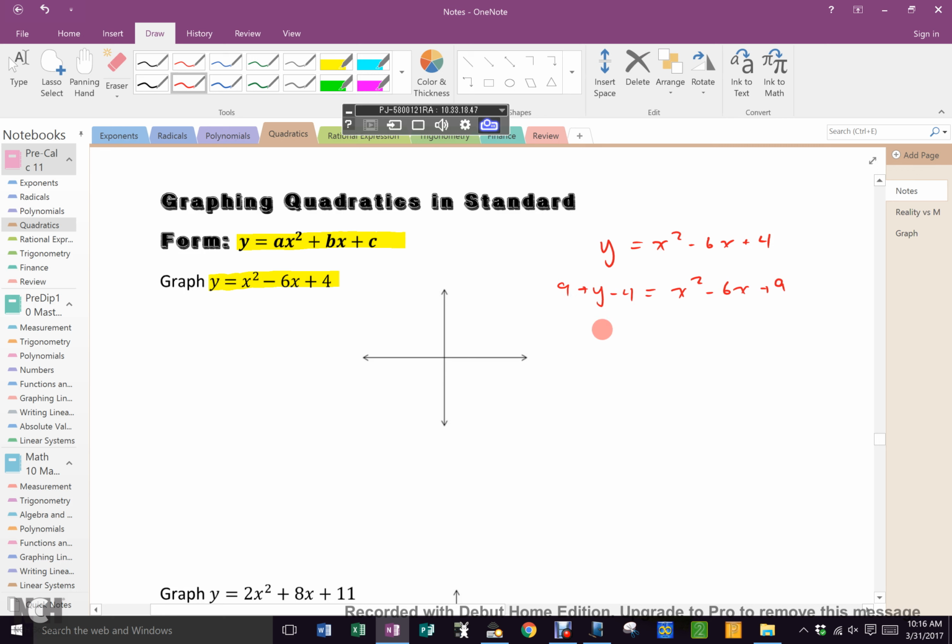So what's on the left now? y plus 5 equals, what's this side? x minus 3 squared, correct? Is everybody still cool? Now what happens if I take this 5 back over here? What is that? What's that? Vertex form.